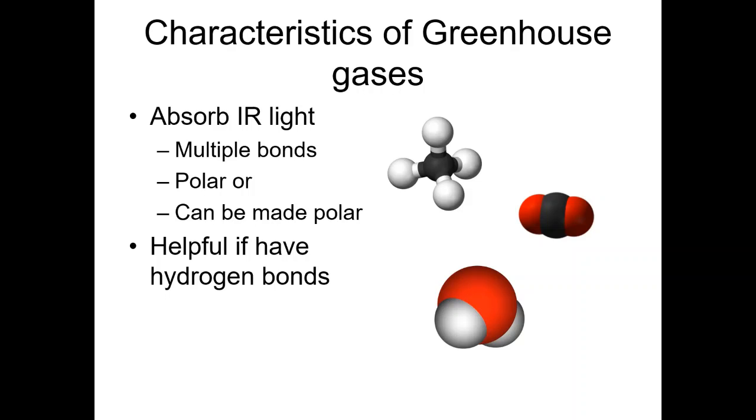All right. The other thing that this says is it's helpful if it has hydrogen bonds. Now, hydrogen bonding is a special kind of bonding. It's not within a molecule, but it's from one molecule to another. So if we look at this water molecule, the hydrogen and the oxygen here is a very polar bond. The oxygen really, really likes electrons. It's very close to fluorine, and so fluorine is the most electronegative. And so that means that there's this positive charge on this hydrogen on the outside of the water.